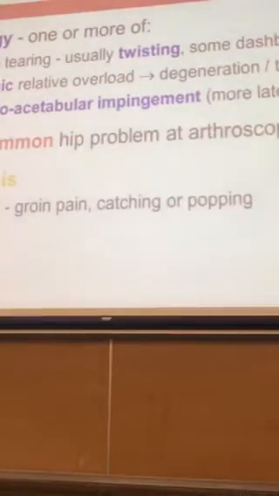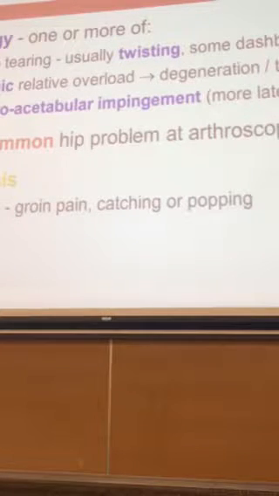If your iliacus and psoas are under excessive tension, there's a little tubercle here, and the iliacus and psoas tendon run medial to this little tubercle, but when you externally rotate your hip, the tendon can snap back and forth across the tubercle. So that's called a snapping psoas tendon, and very hard to tell because it's right above the hip joint. So how can you tell the difference between a clicking labrum and a snapping psoas tendon?